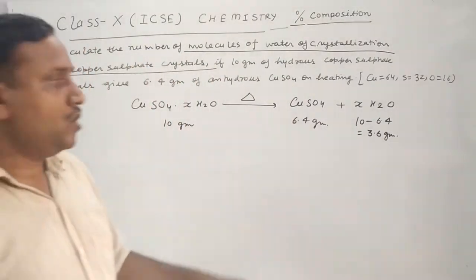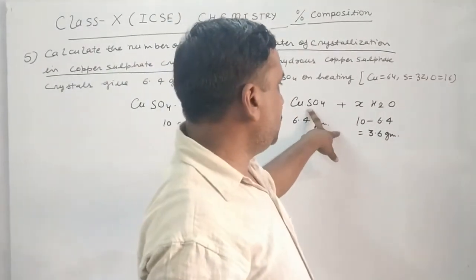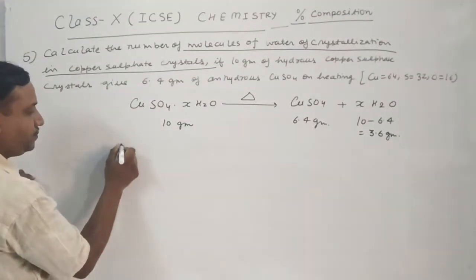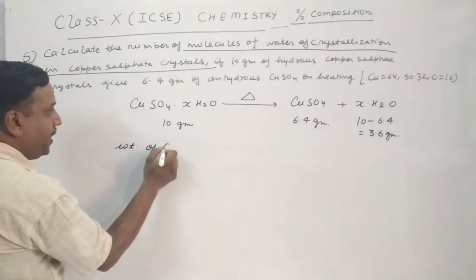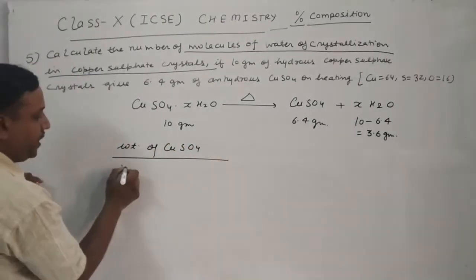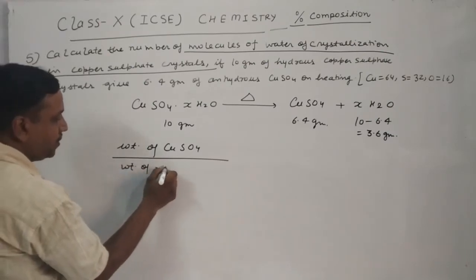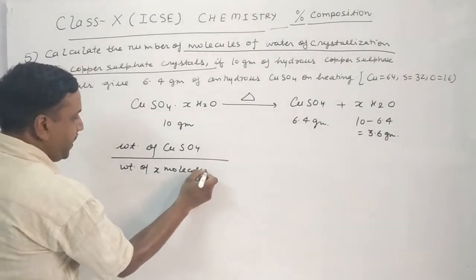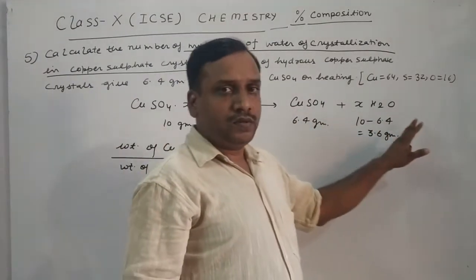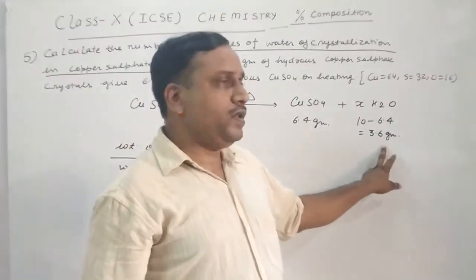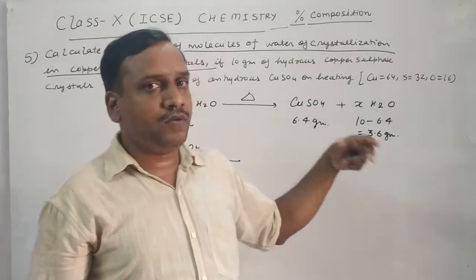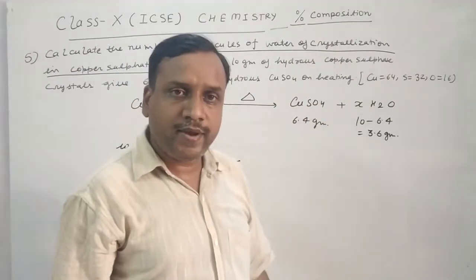Okay. Now we know the quantities of both the products. Here we will write it as weight of copper sulfate out of weight of X molecules of water. Means these two. The ratio of the weights of these quantities will be equal to the ratio of their molecular weights.